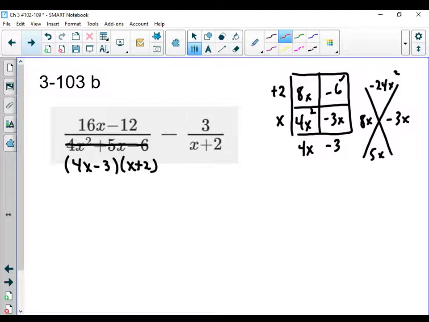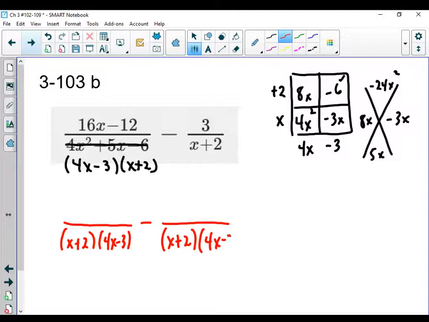All right, let's work on getting our common denominators down. Well, now that I have it factored, it's easier to see they both had an x plus 2 in common. So I'm going to keep that x plus 2 for sure. And then we also have that factor of 4x minus 3, so I'm going to include that as well. All right, now we start making our adjustments.